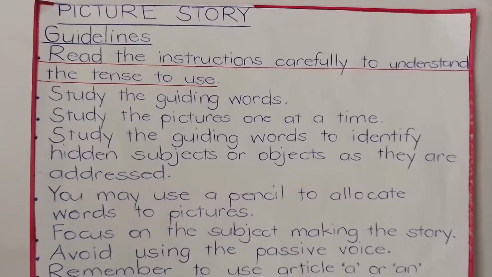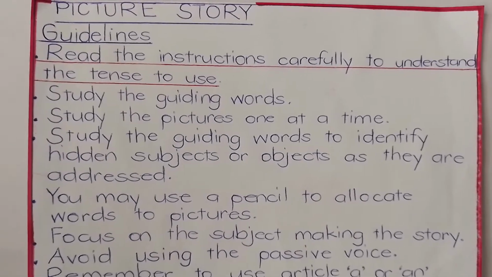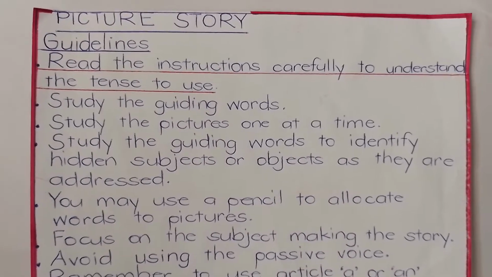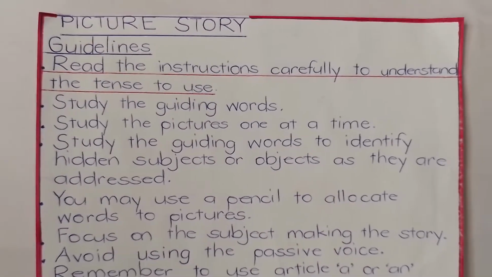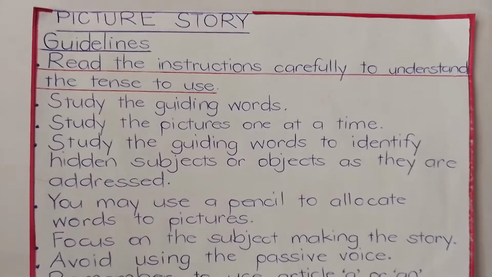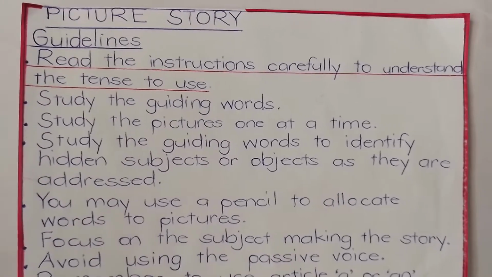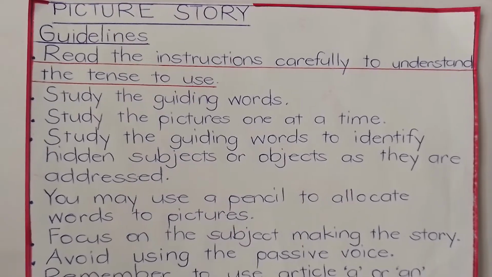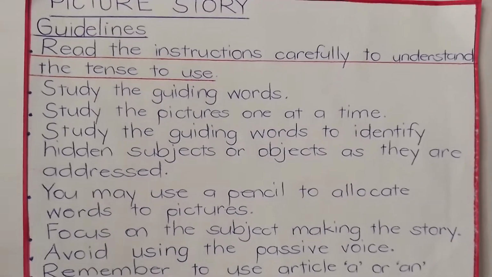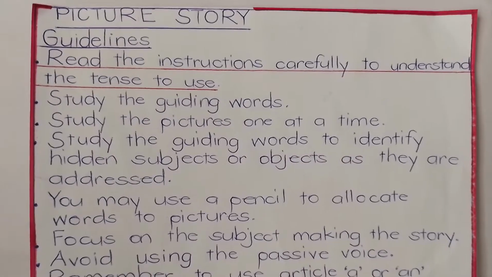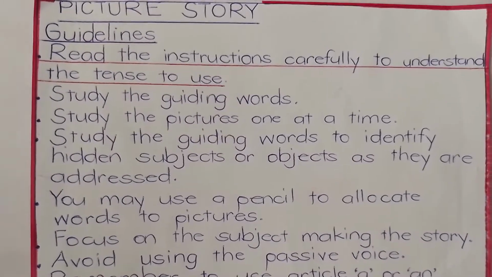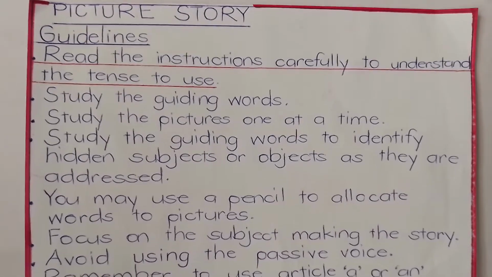Sometimes they say, study the pictures below and describe what is happening in each picture. So there we have to use the present continuous tense. And in some other cases they say, study the pictures and describe what was happening in each picture. So there you have to use the past continuous tense.